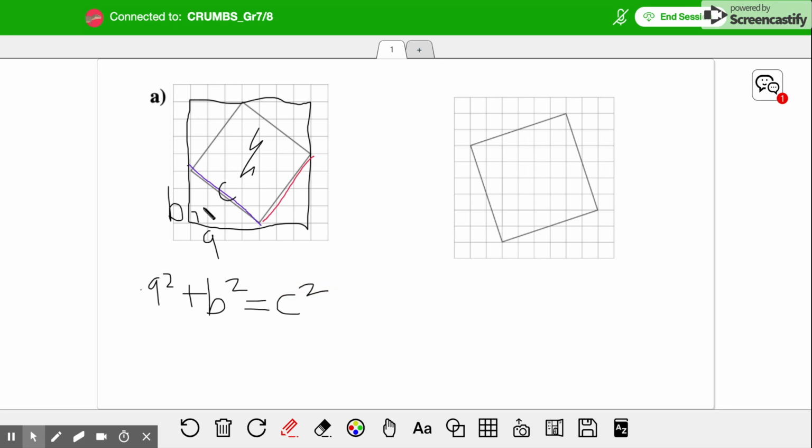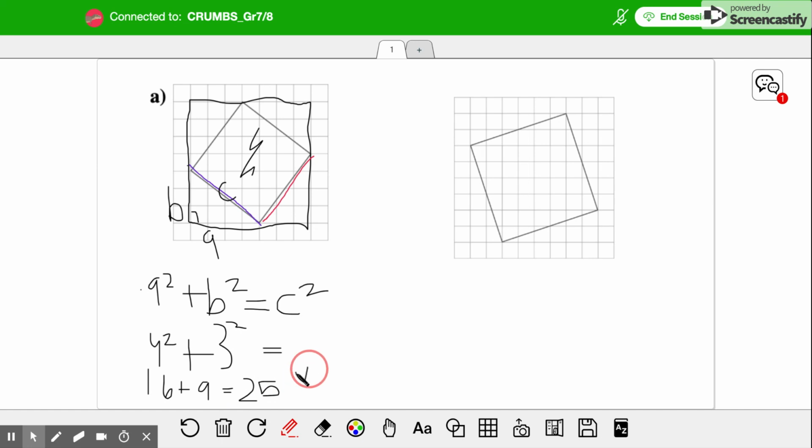So I know that A is 1, 2, 3, 4. 4, plus 1, 2, 3, 3. So 4 times 4 is 16 and plus 9. I think that's 25. Yep.